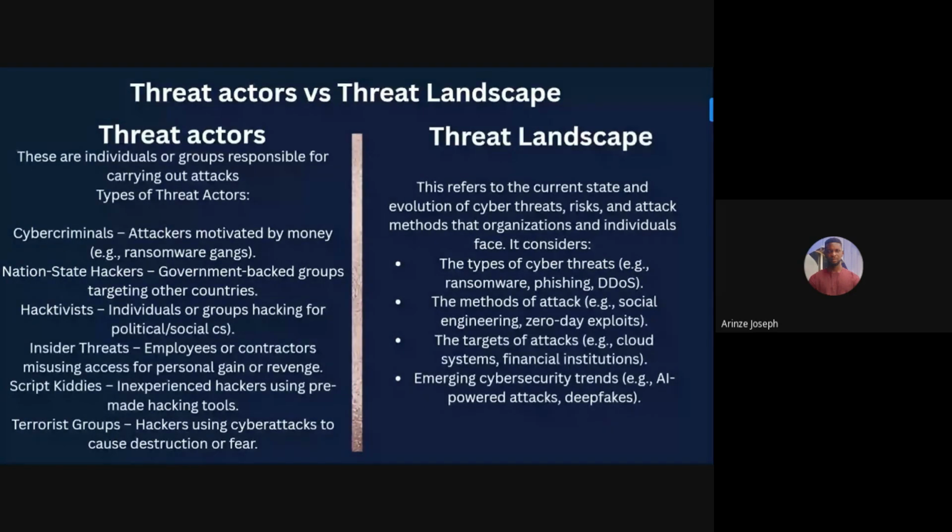There's a country like North Korea, I think also South Korea, they do this. There's a group of hackers that governments sponsor, and they fund them from the government budget for them to monitor the internet and hack into systems. So those are another form of threat actors.